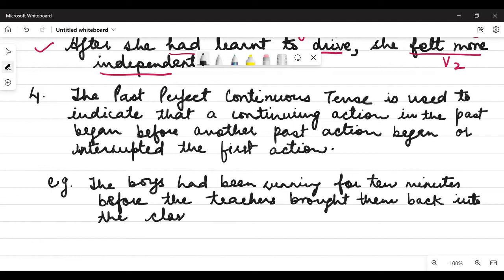Now, here also you see there are two actions. One is boys running around, and second is teachers brought them back.